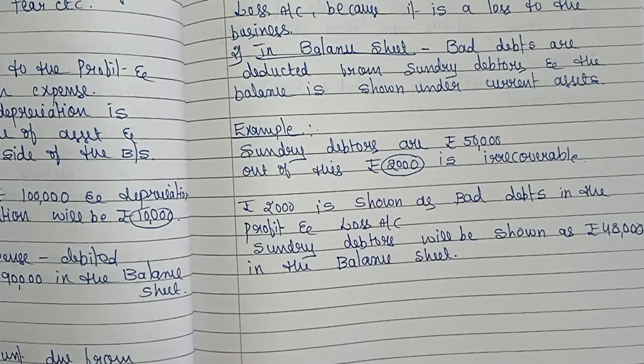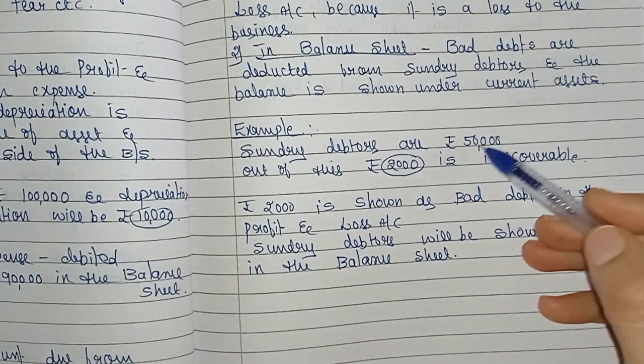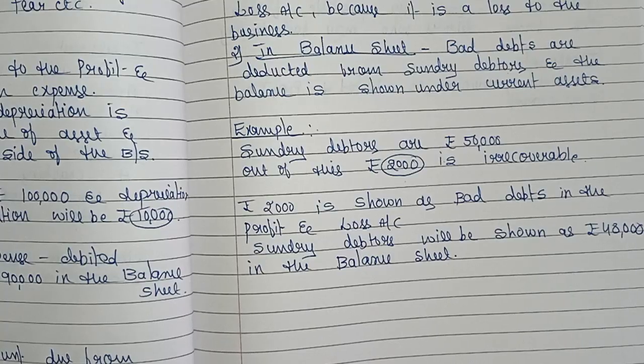Clear? And after that, in the balance sheet, sundry debtors will be shown as rupees 48,000, means 50,000 minus 2,000. In the balance sheet we need to write down the amount of rupees 48,000.